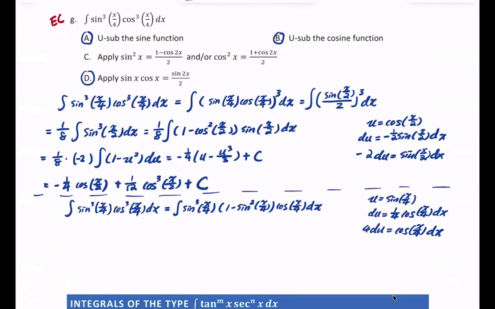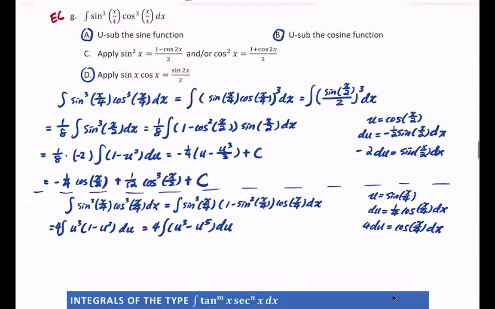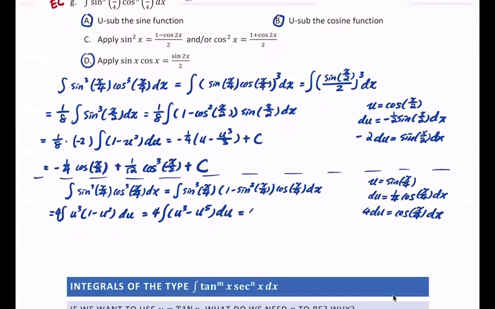Because the process is almost identical, you just reverse everything, right? One you do in terms of sine, the other one you do in terms of cosine. Same strategy. Okay, and then you distribute that power u cubed. So it's pretty easy to integrate.